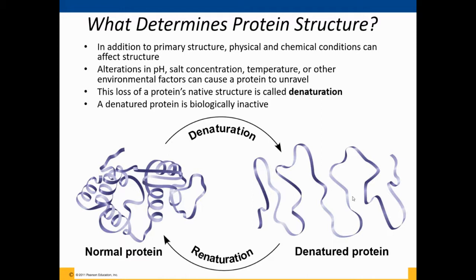And reducing agents like DTT and beta-mercaptoethanol can reduce the disulfide bond bridge between two cysteines. So all these are factors that can disrupt and denature the protein.